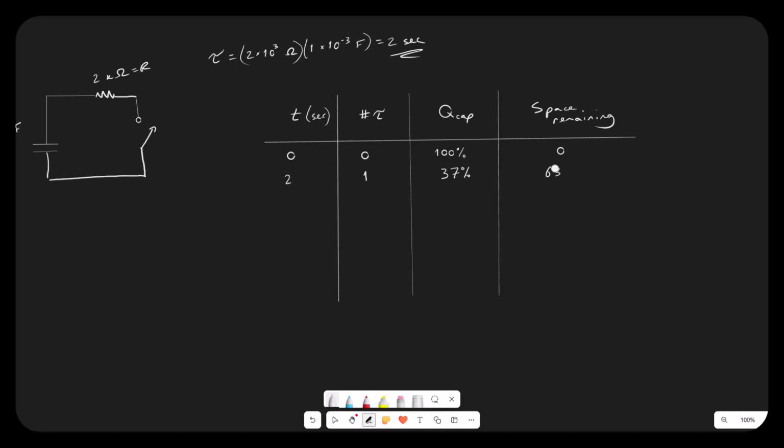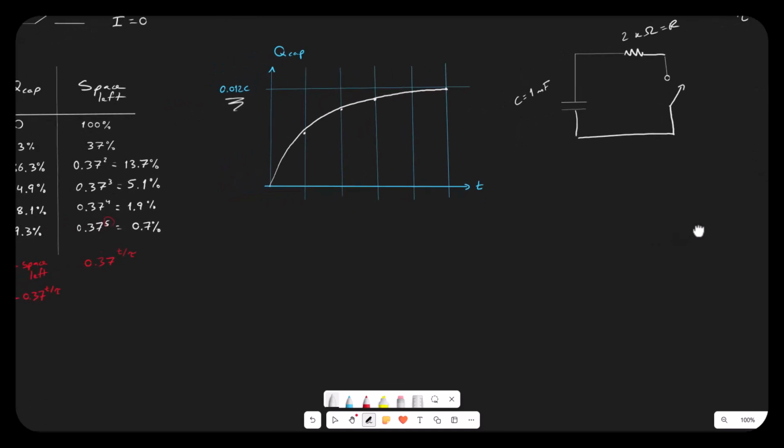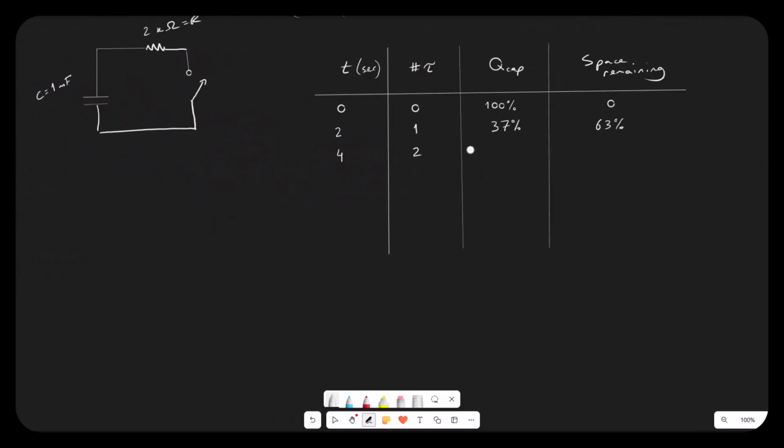After 4 seconds, I've had 2 time constants go by, and now I'm going to actually just start copying values. I'm going to have that 0.37 squared is 13.7%. Which means over here I've got 86.3% empty space on my capacitor, and so on.